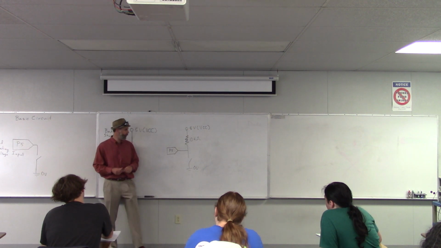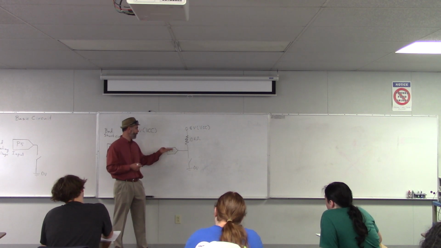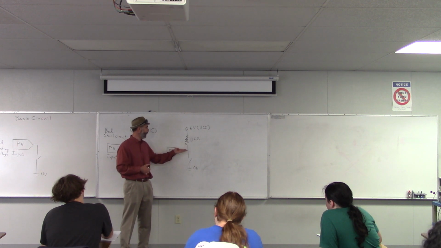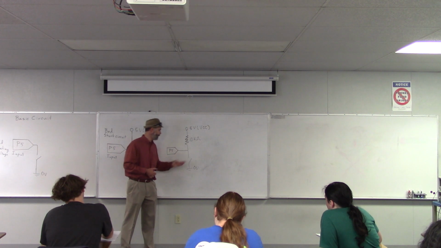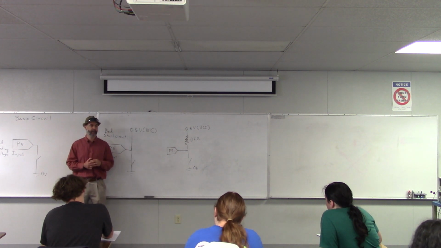Okay, so when we use a resistor like this, we call this a pull-up resistor. So that's looking pretty good. When the switch is open, we have 5 volts there. When the switch is closed, we have 0 volts. Okay, so that's looking pretty close.